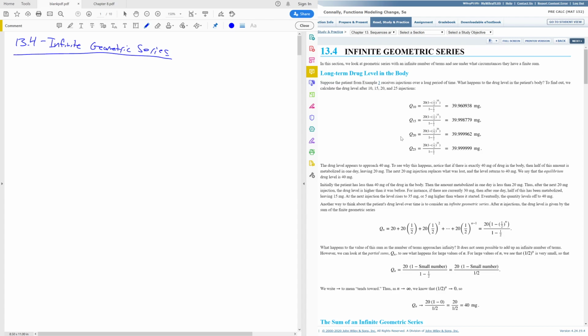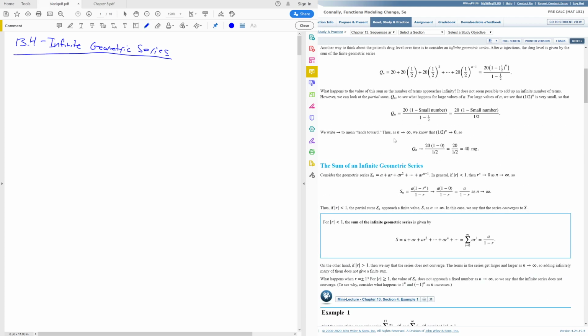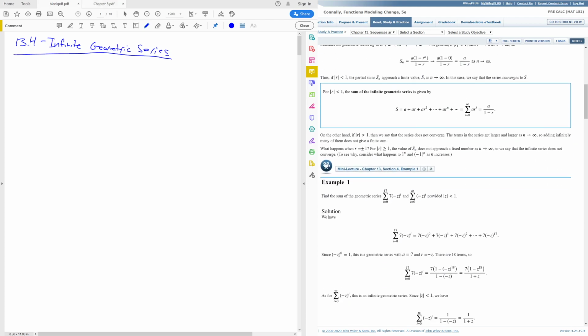Here in the book, let's just jump down to the formula. Actually, let's not do that. Let's first talk about the difference here. Okay, so here is a geometric sequence. Let's start with a really basic one, like one.